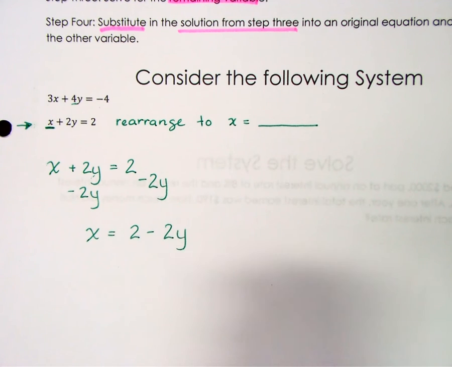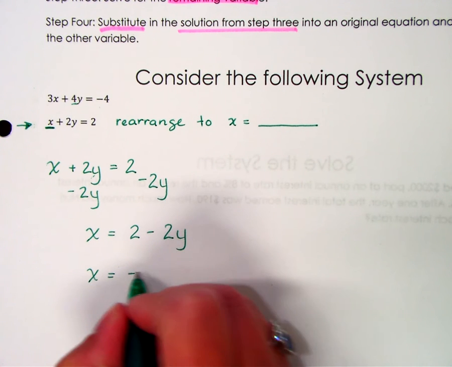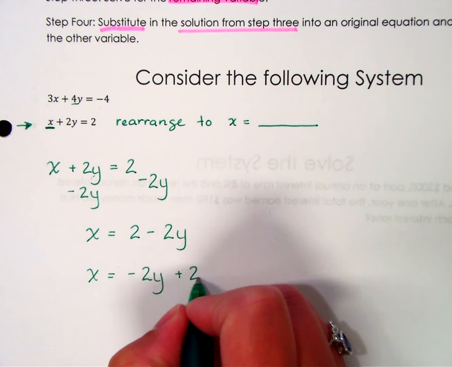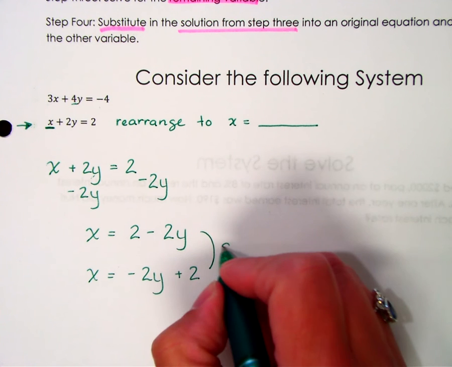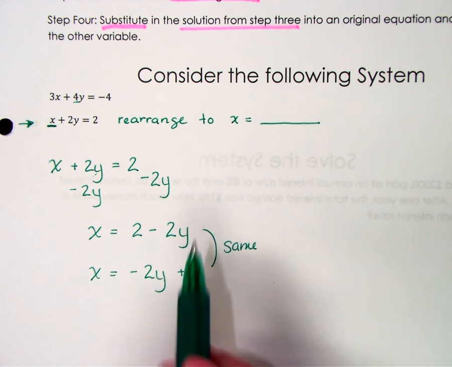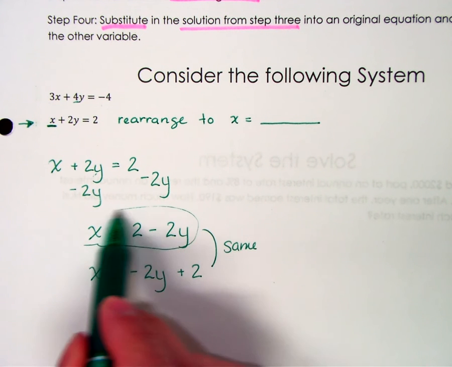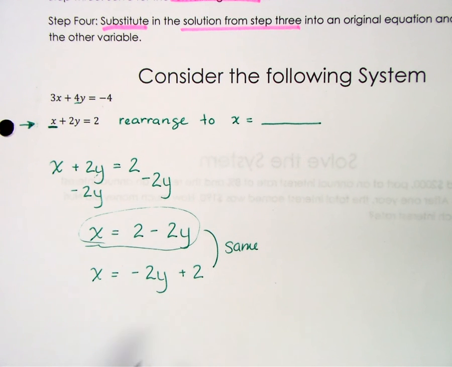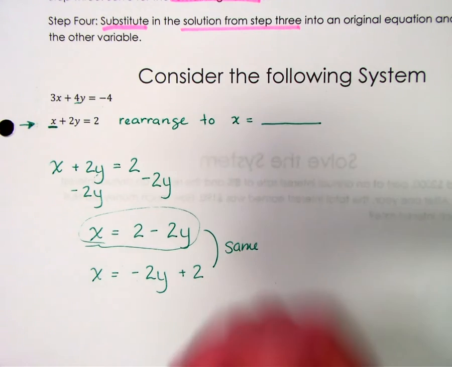Now you could flip that around and say x is equal to negative 2y plus 2. These things are the same. All right, give you a second to copy that down. I think I'm just going to stick with this one if that's okay, because I'm afraid I'm going to lose my negative sign. I'll just forget to put it in. Okay, so that's step 1.